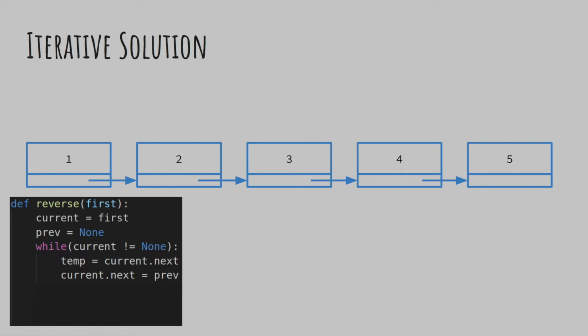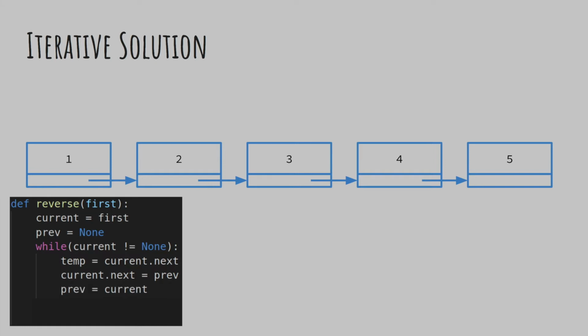So our current element will point to its previous element. So we will reverse that part of the linked list, by letting the element point to its previous element. I will explain this in more detail in an example.